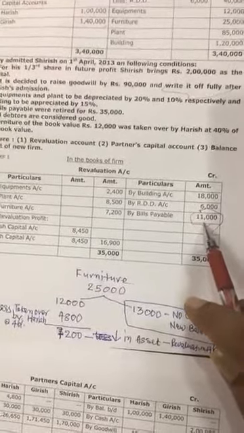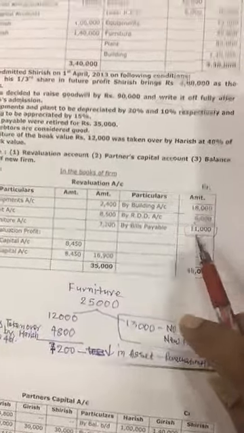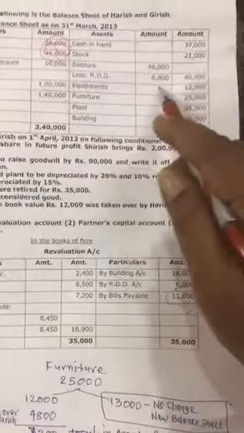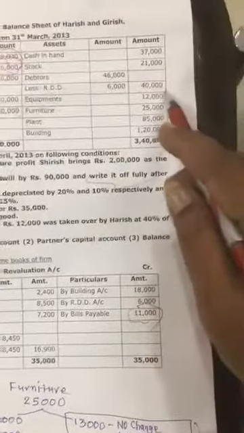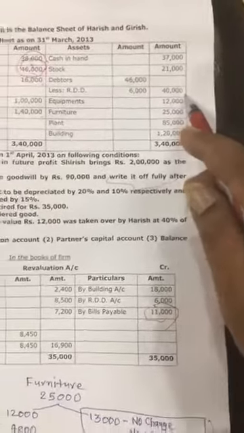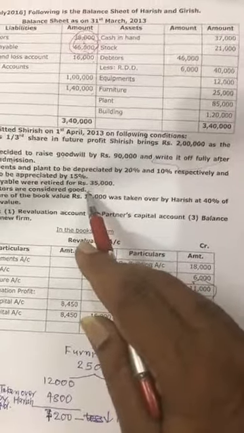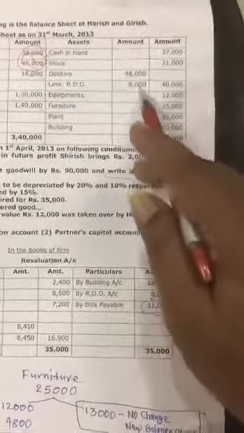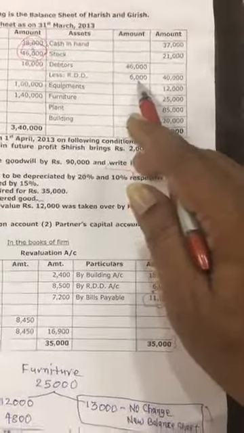Now the second thing is that debtors are 46,000, net value is 40,000. So the adjustment says all debtors are considered good. So there is no RDD. So there is an increase in the value of the asset by 6,000.